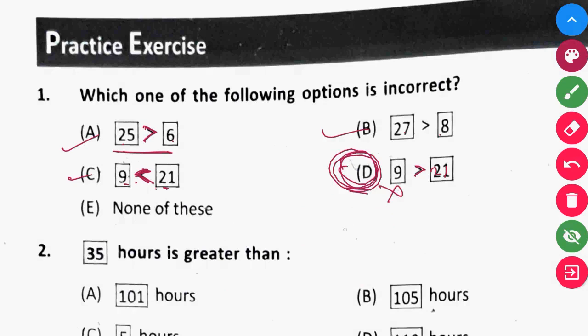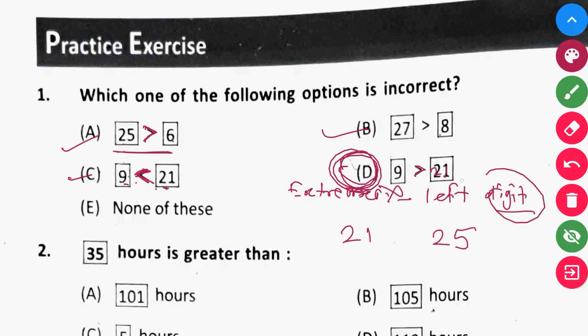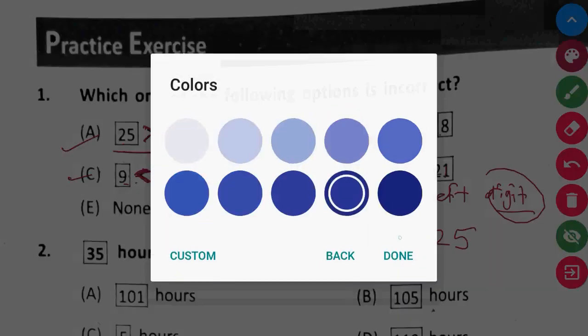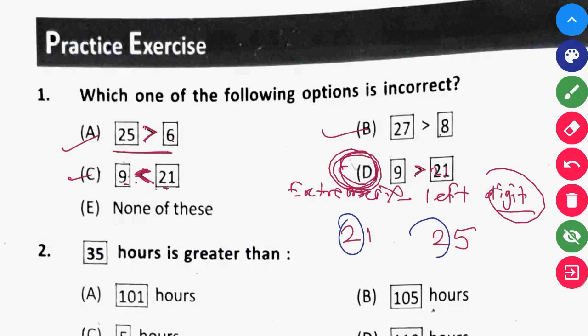Now if a condition like this is there, 21 and 25, in these two numbers we have to compare. What I told you is to first have a look at the extreme left digit of both numbers. For 21 the extreme left digit is 2, and for 25 the extreme left digit is also 2.